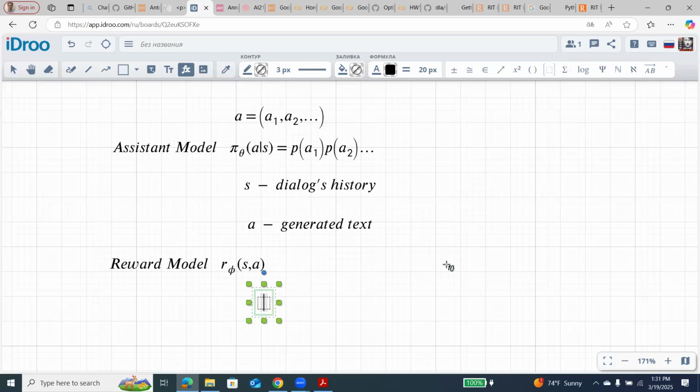And what will be our target function? What do we want to maximize? We want to maximize the expected value of reward.